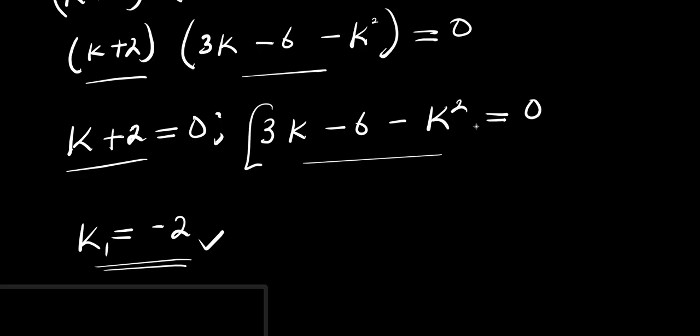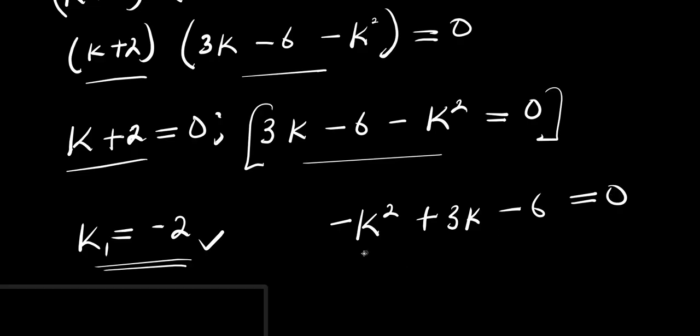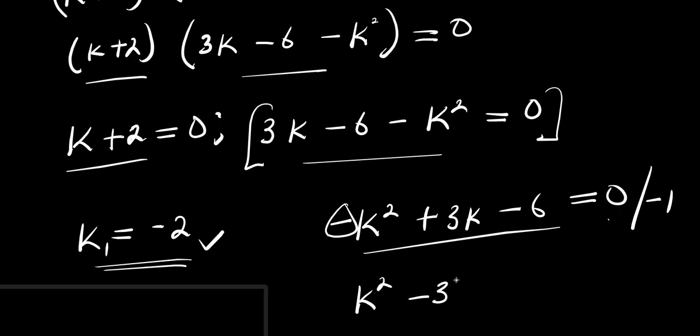Now for this, we need to rearrange it. Minus k squared plus 3k minus 6 equals 0. So let's divide each term by negative 1 because this is minus. So negative k squared divided by negative 1 is k squared, minus 3k plus 6 equals 0.